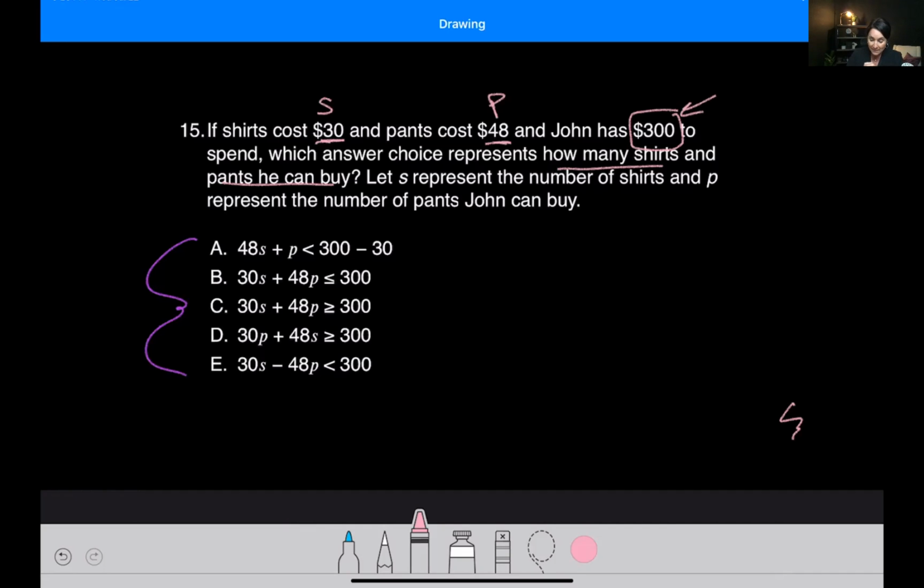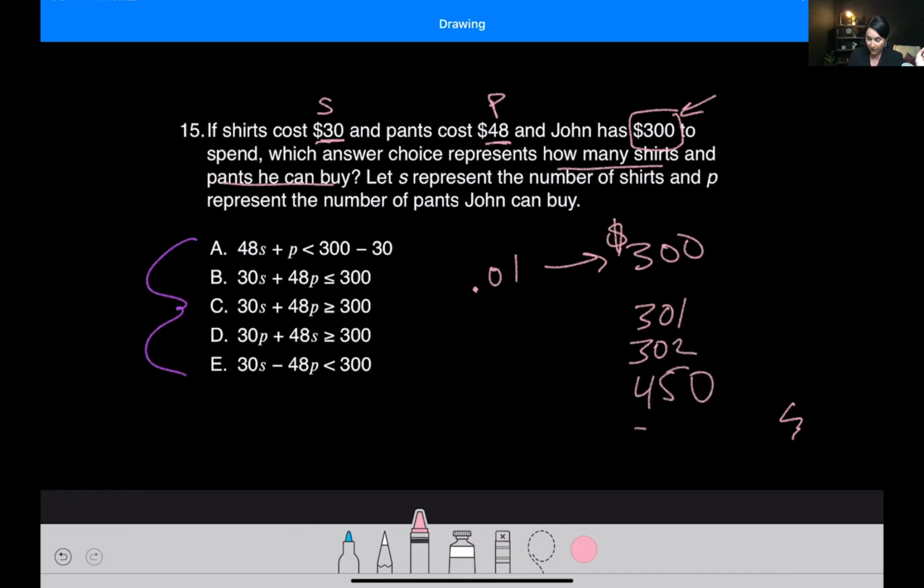That means I can spend 1 cent all the way up to $300. So I can spend $300 and I can spend less than $300. Can I spend more than $300? Can I spend $301? Can I spend $302 or $450 or $500?